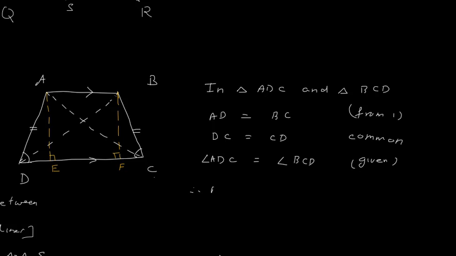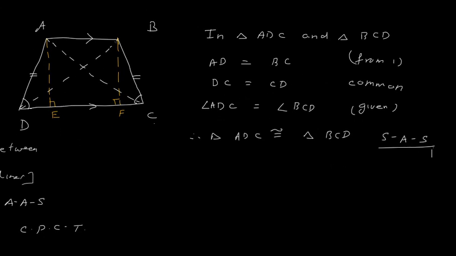Therefore, we will say that triangle ADC is congruent to triangle BCD. Criteria is side angle side criteria. Now these two triangles are congruent, therefore their corresponding sides are equal. So therefore corresponding sides AC and BD are equal.